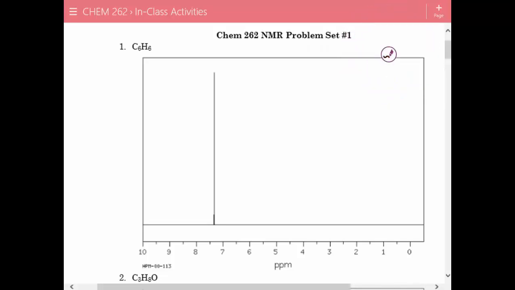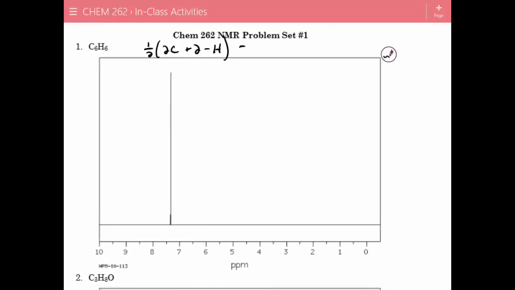So what do you guys think the HDI would be for this? It's going to be 1/2 (2C plus 2 minus H). I'm not going to include the nitrogens and whatnot because we obviously don't have any. We only have carbons and hydrogens. So if we look at this, we've got 1/2.